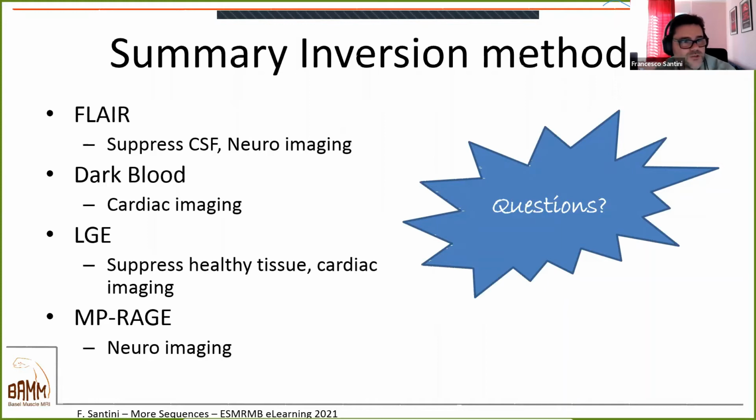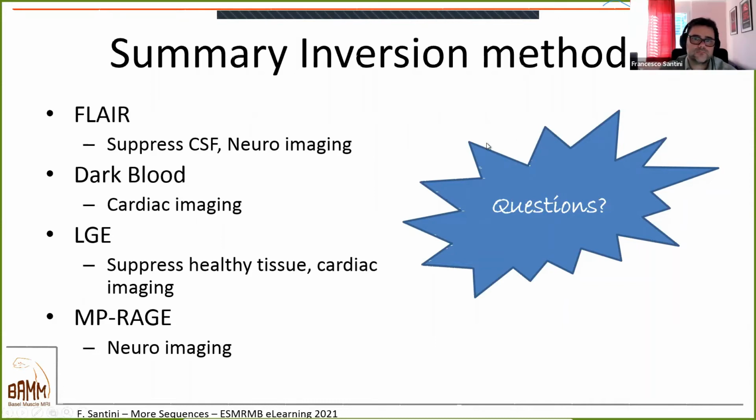But I'm not a neuro person, so I'm not really looking too much into it. But there is this class of sequences as well. Okay, thank you. That makes sense, because in fat suppressed FLAIR images we often see B1 inhomogeneities, right? So it makes sense with the fat sat strategy. Thank you. You're welcome.